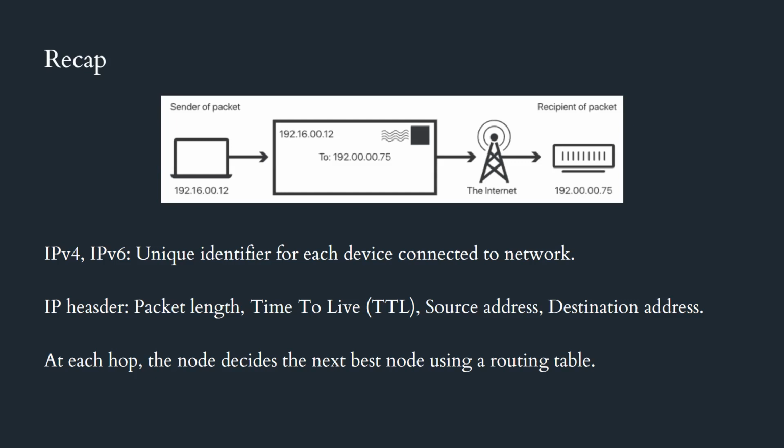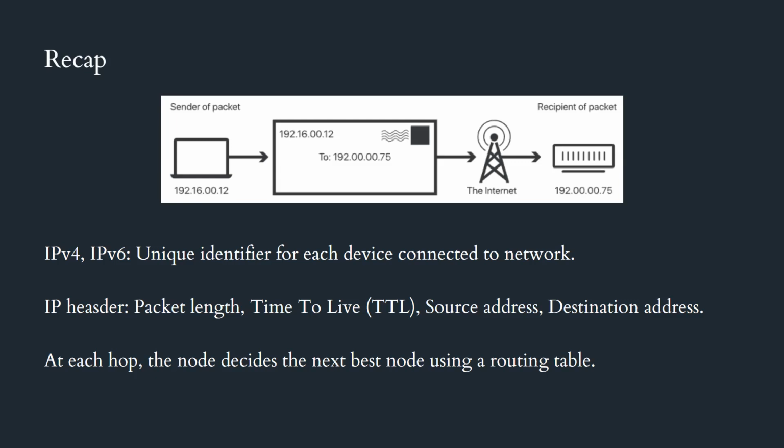So we have different IP address types, IPv4 and IPv6. IPv6 is more popular because it is able to produce more unique addresses than IPv4, and therefore it has the ability to provide addresses for a massive number of devices that are there in the network.